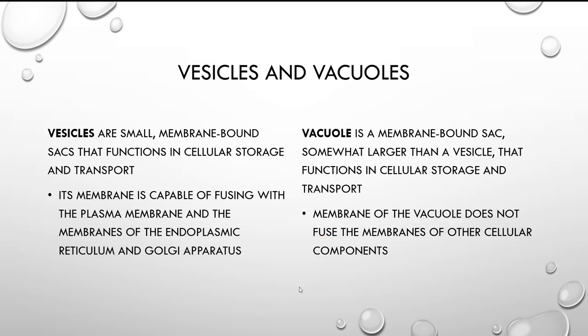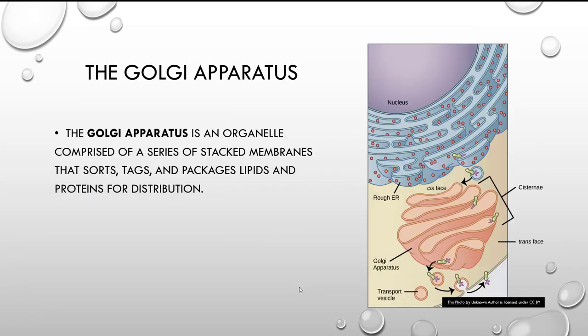So in the previous slide, let me go back. We can see like this transport vesicle came off of the rough ER and is fusing with the Golgi apparatus. Here's another transport vesicle that comes off of the Golgi apparatus and fuses with the plasma membrane. So these are vesicles.